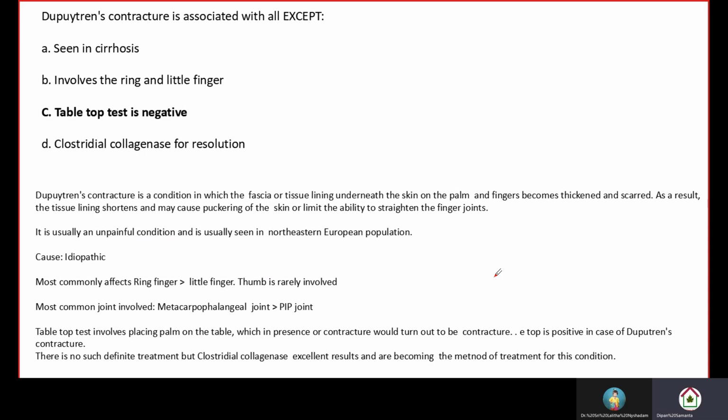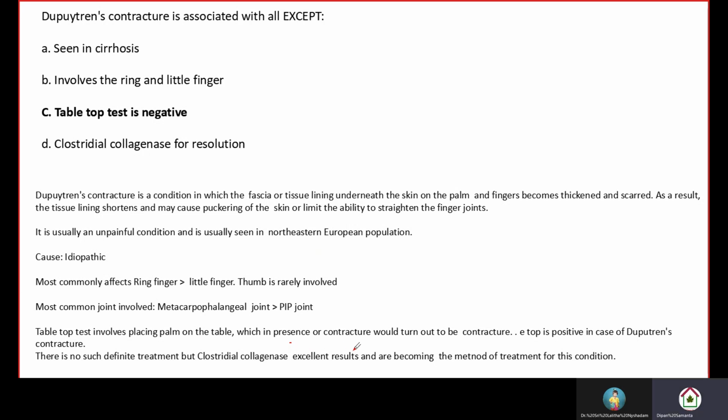It involves placing the palm on the table, which in presence of contracture would turn out to be abnormal.